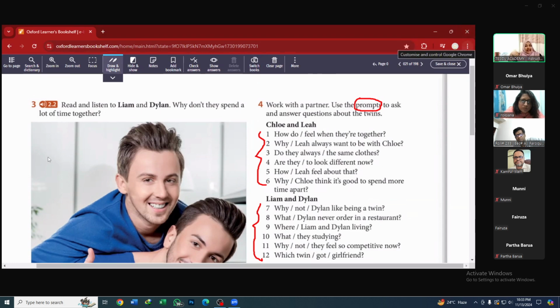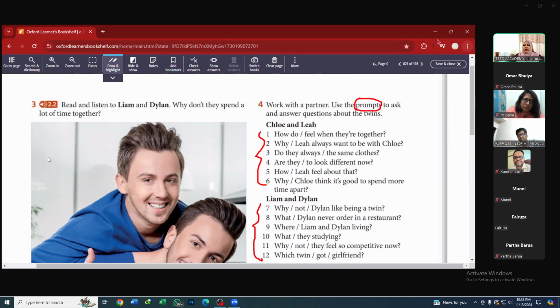Now the person behind the camera will write good morning and he will remember the rest of the sentence. So that good morning is a prompt. It is a reminder, a clue or a help so that you can remember what you're about to say or what you're about to write.